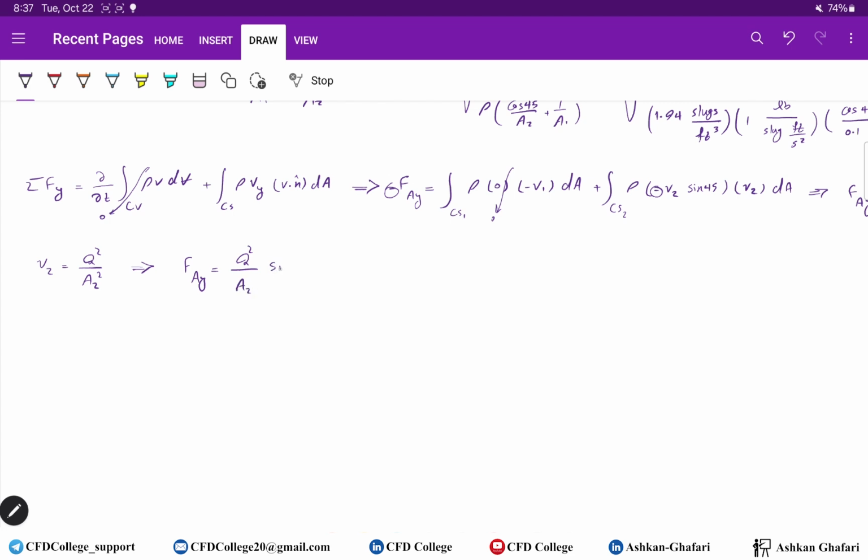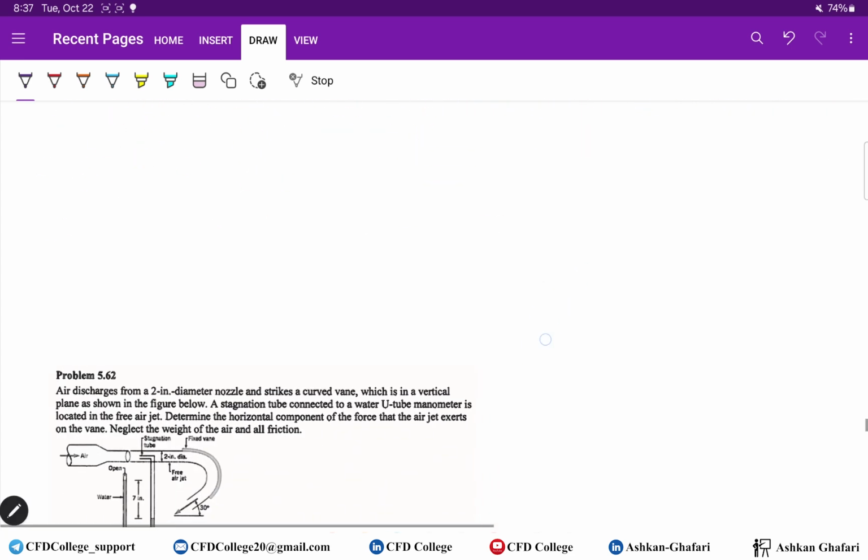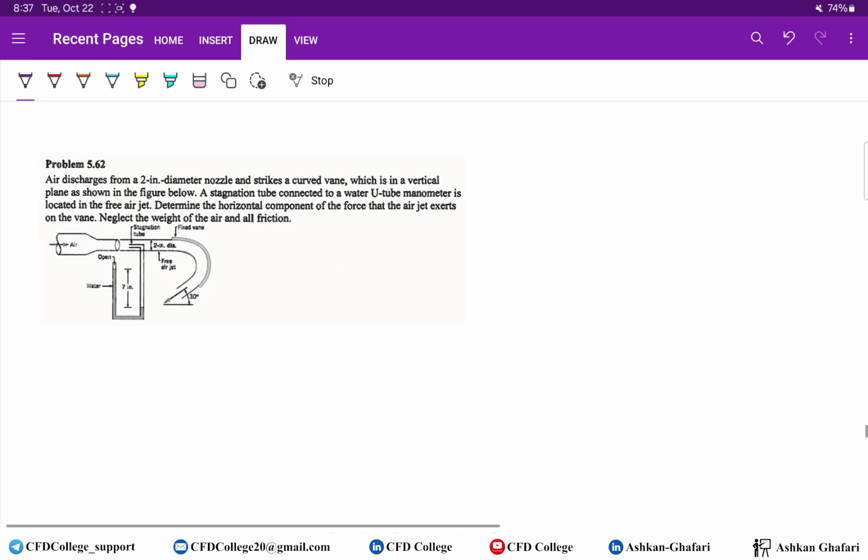So FAY equals, you can do the math, 674 pounds. See, it was easy, I think. It wasn't difficult.